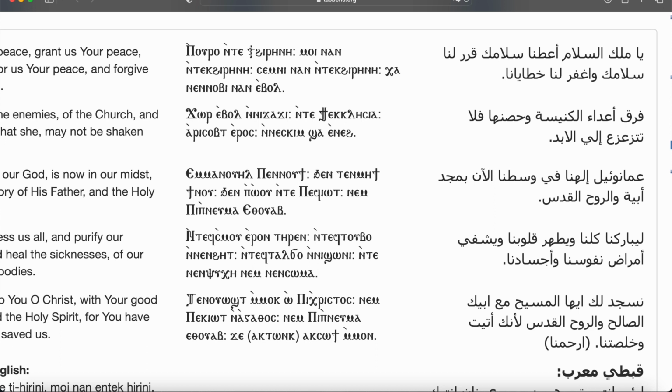Then over here, T, and then over here, hirini, right? Here's hori, yota, ro, ita, ne, and ita again. So hirini. Then here, moi, non, in, because of the Jenkim over here, you're leading into the N, leading into ne. So in, tik, hirini.